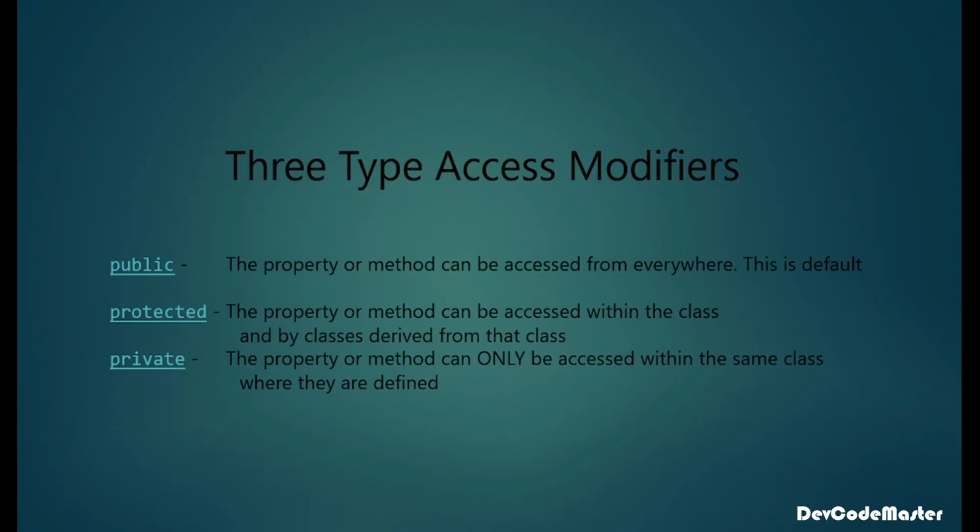That means we can access it inside the class and in a derived class, meaning a child class. You can access it from both the child class and the parent class, because protected has this rule. So let's go to the example.